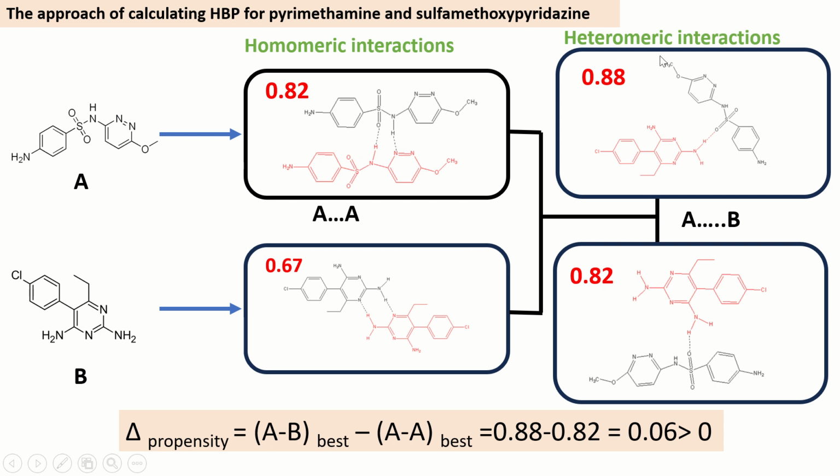So 0.88 minus, in the case of both homomeric, 0.82 is the best homomeric hydrogen bond propensity. So 0.88 minus 0.82, which is 0.06, which is greater than 0. If your delta propensity becomes greater than 0, it means that your co-crystal will form, and if it is less than 0, this means that your co-crystal will not be formed.